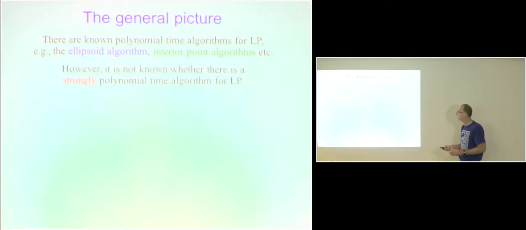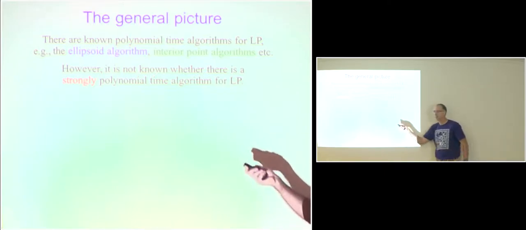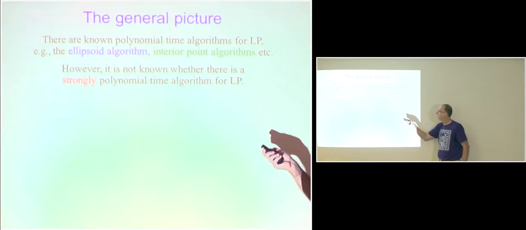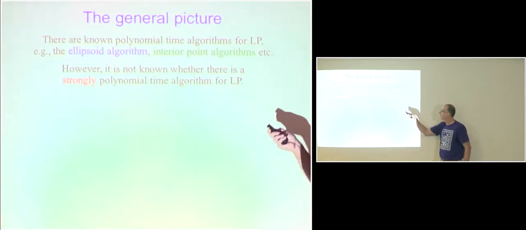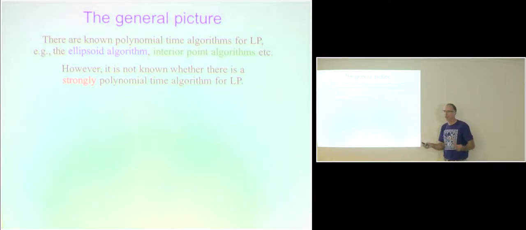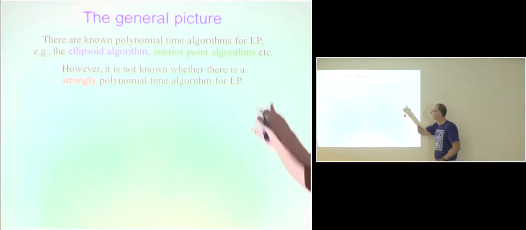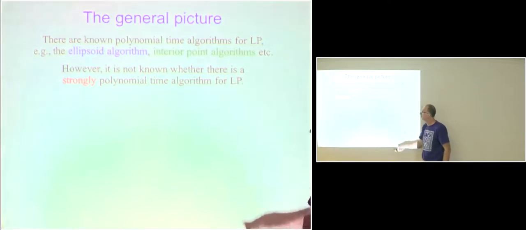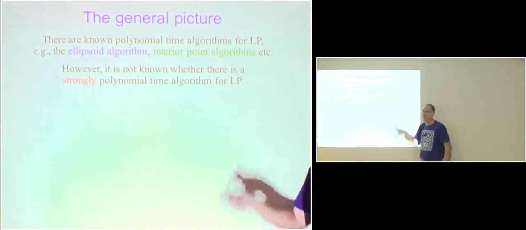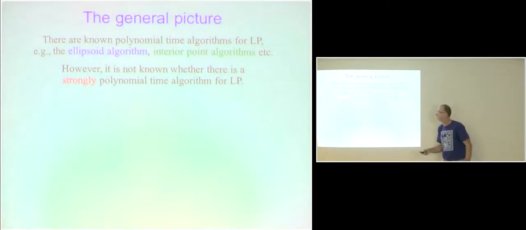The thing is that while there are polynomial time algorithms, they are not known to be strongly polynomial. Strongly polynomial means that the running time of these algorithms depends on the number of inequalities, the number of variables, and the bit size of all the coefficients in these inequalities. It's not known whether there is a strongly polynomial algorithm, one that would depend only on n and d.